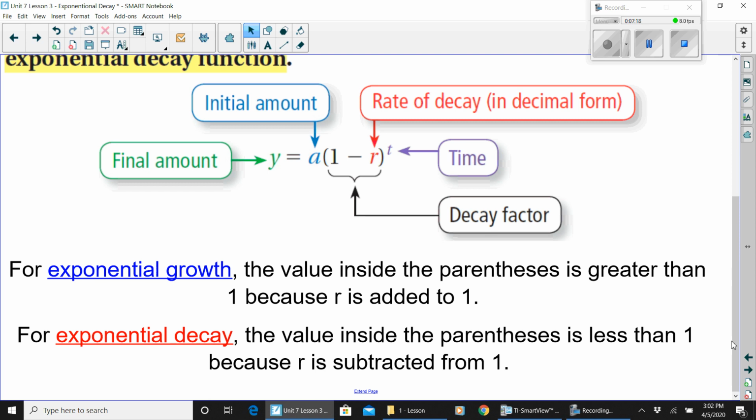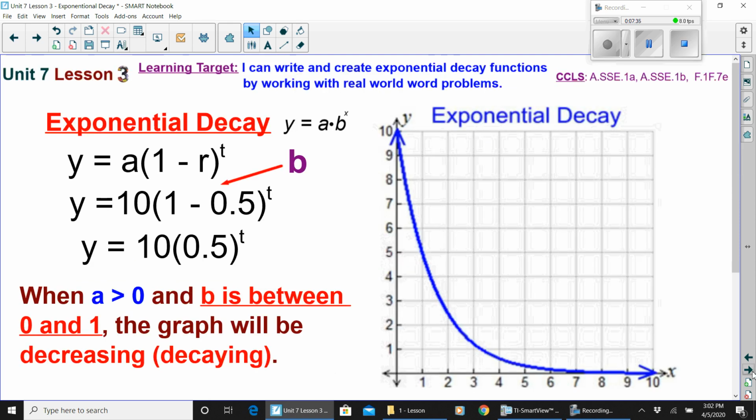It's kind of like when you buy a car or a computer, there's always a rate of decay in decimal form, so we lose value from the original value. We're going to see those types of questions coming up.